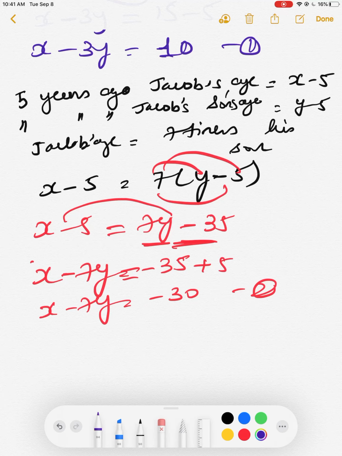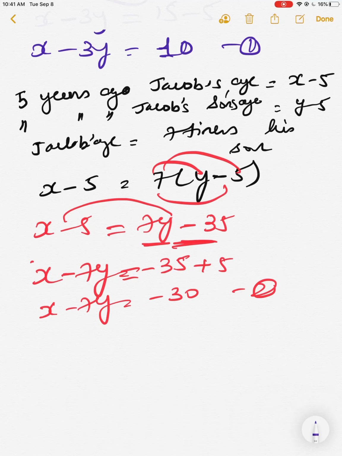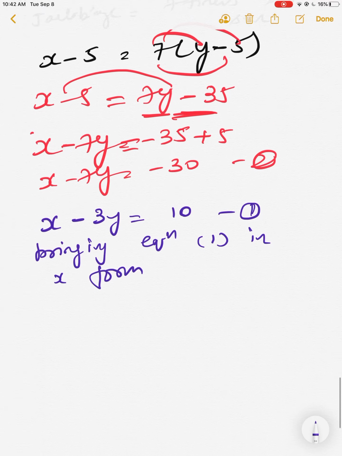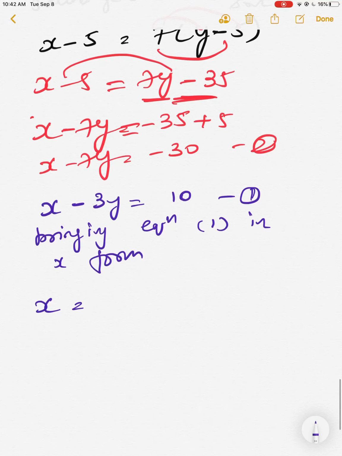Okay, now we have our 2. The first equation is x minus 3y is equal to 10. This is the first equation. So bringing equation 1 in x form, I take it in x form. So x is equal to 10 plus 3y, this goes here, this is equation 3.